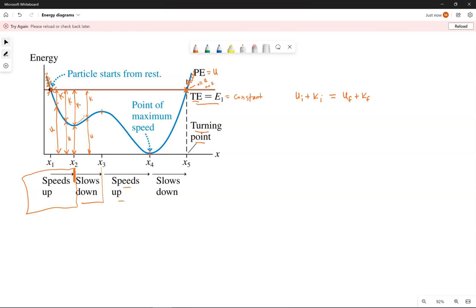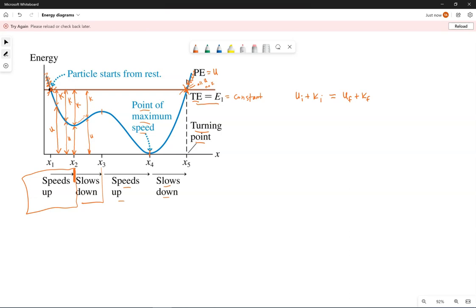This lowest point is when the kinetic energy is biggest. That's why they labeled this the point of maximum speed. And then as the particle continues to the right, it would slow down until it gets to this turning point. But it won't stop there.